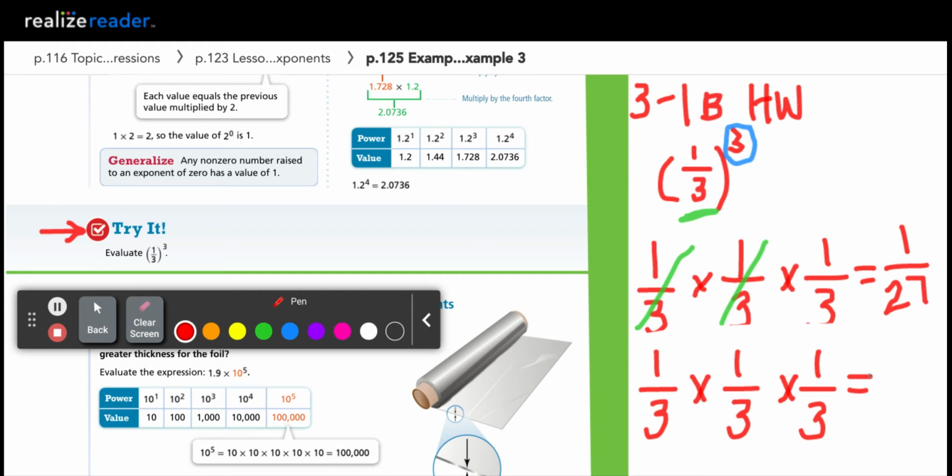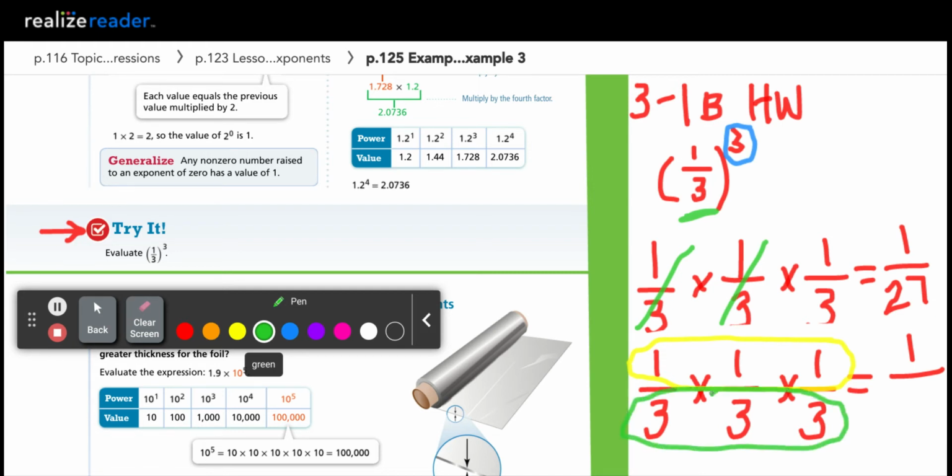No, there's not. And this is where it's important that we remember those rules, that when we multiply fractions, you have to multiply the numerators. So we can multiply the numerator straight across. Well, 1 times 1 is 1 times 1 again is 1. That's how my answer is 1 on top. Well, now I can multiply my denominators. 3 times 3 times 3.